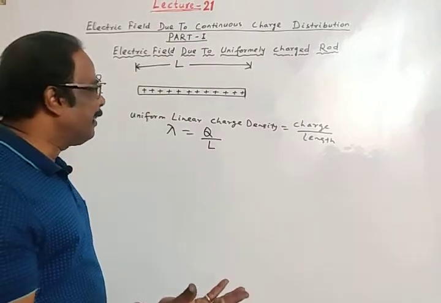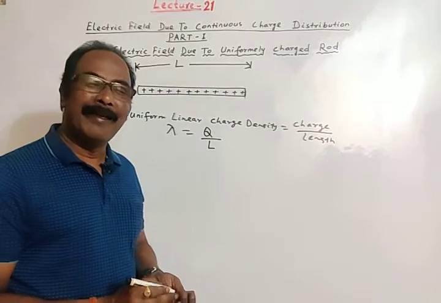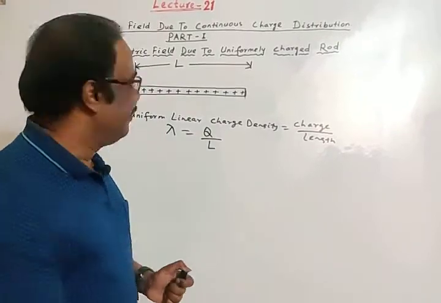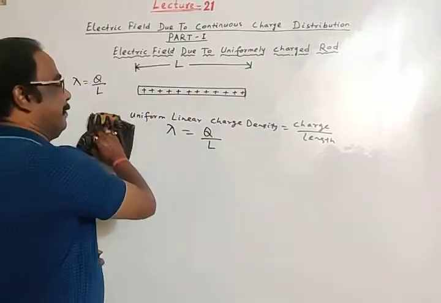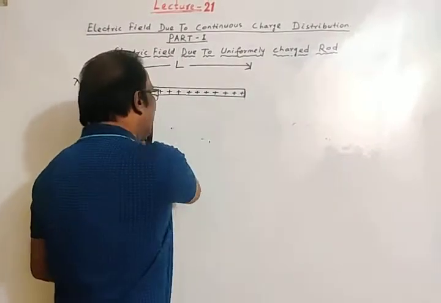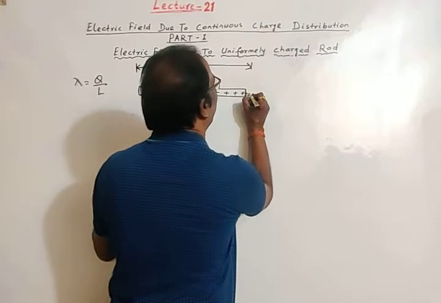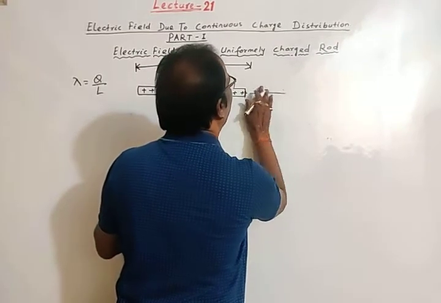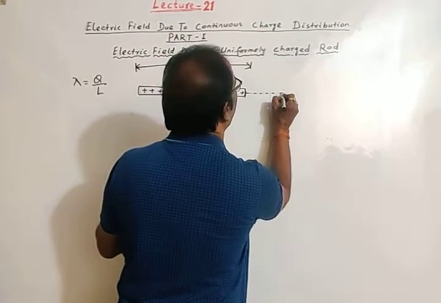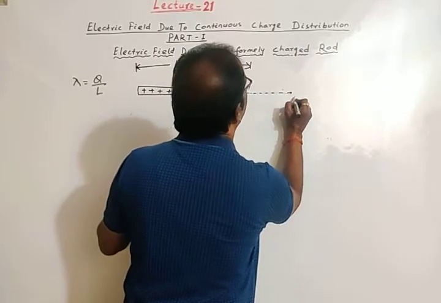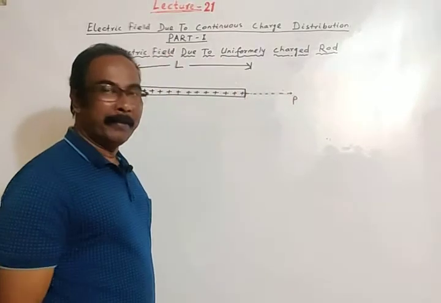We have to calculate electric field due to this uniformly charged rod of length L. Let's find electric field at any point P.